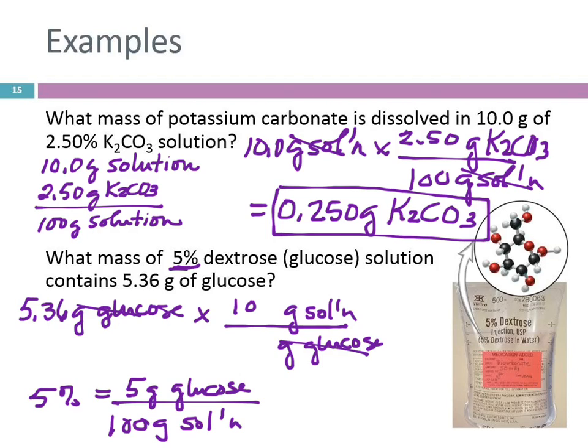This is 100 grams of solution, 5 grams of glucose. So 5.36 times 100 divided by 5. I'll write it down here, 111.4 is what my calculator tells me.